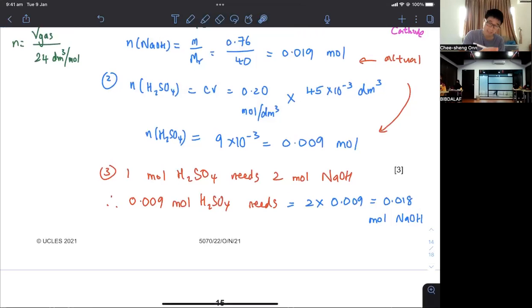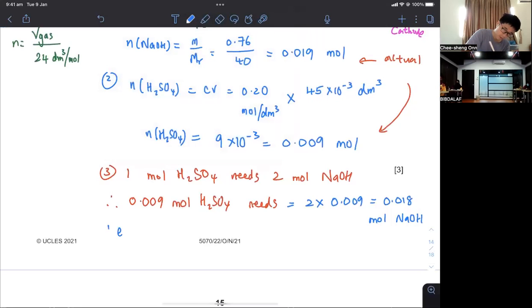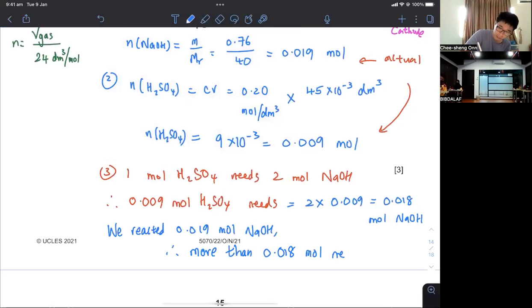Now, last but not least, how much NaOH did you put in? You put in 0.019. We reacted 0.019 mole NaOH. Therefore, more than 0.018 mole needed.